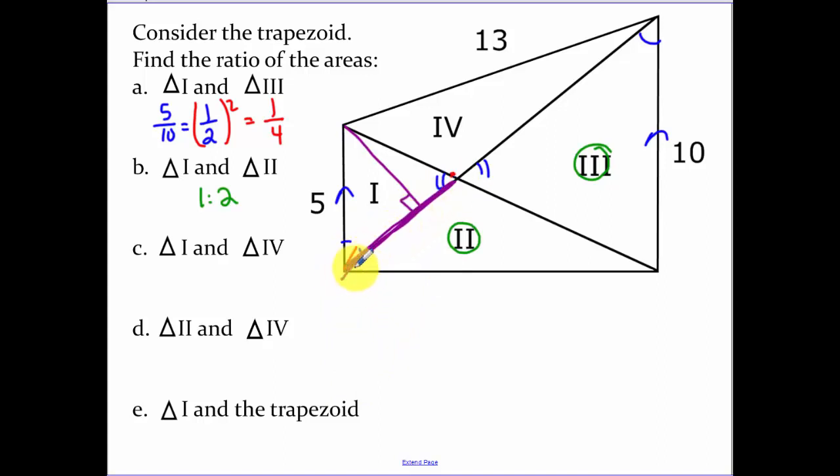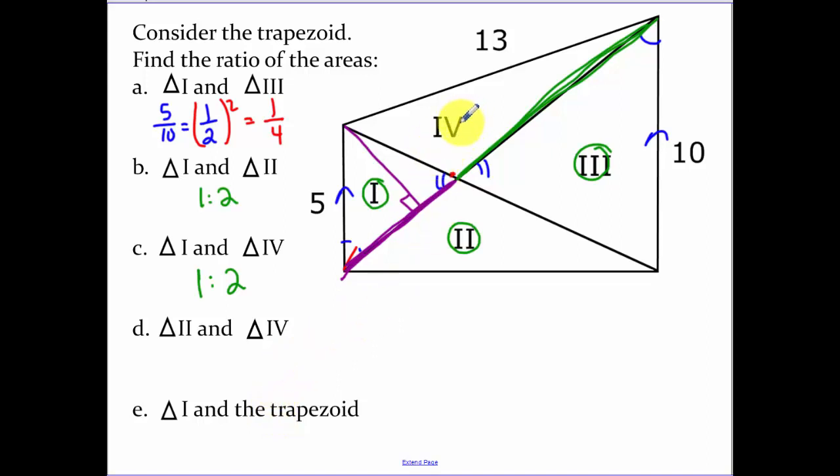Again, the ratio of that purple side that I have highlighted to the green side is going to be 1 to 2, because this is 1 unit, and it's in triangle 1, and this is 2 units, because it's in triangle 3, which is similar to triangle 1, but this green side is also in triangle 4. So that's why it's also 1 to 2.